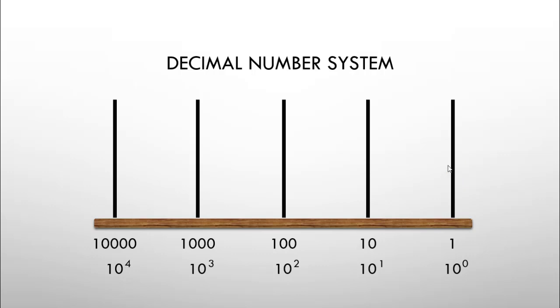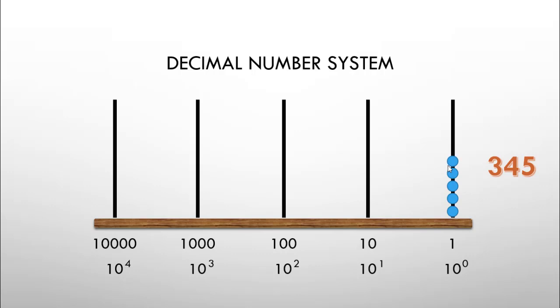So let's represent a number and see. Let's represent the number 345. We know that 345 is made up of 300 plus 40 plus 5. Then I'm going to put in the beads from the rightmost corner, that is the ones. I need 5 ones to represent 5 in the number that has been given.